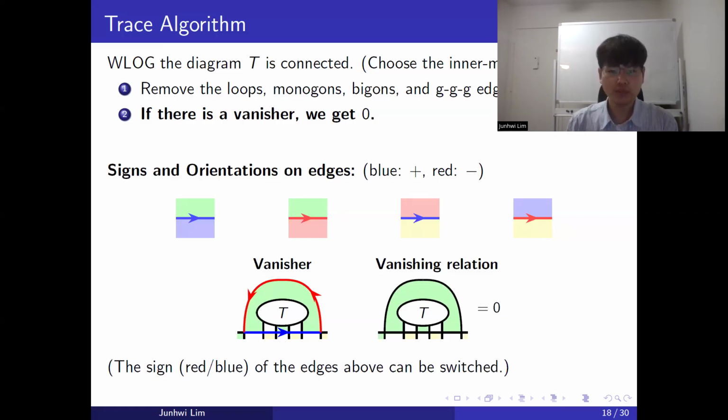And there's a substructure called a vanisher, and this is simply a region enclosed by a cycle with certain sign pattern. And if we have a vanisher in the boundary, then the entire diagram becomes 0. So in this case, there's nothing to do.